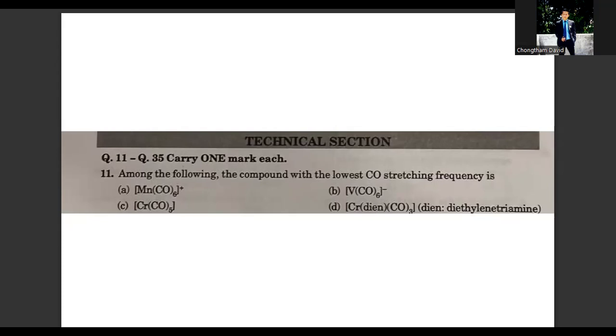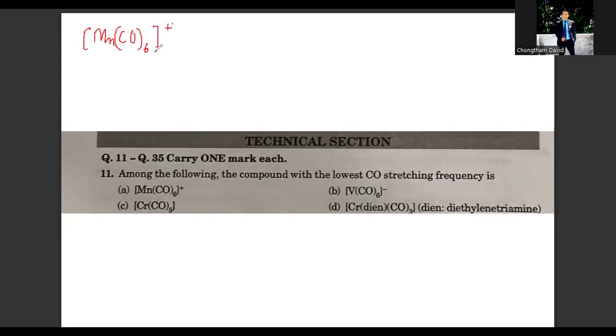First, we have manganese. In option A, we have the manganese compound, Mn(CO)6. The coordination number is 6 and it exists in the cationic state.